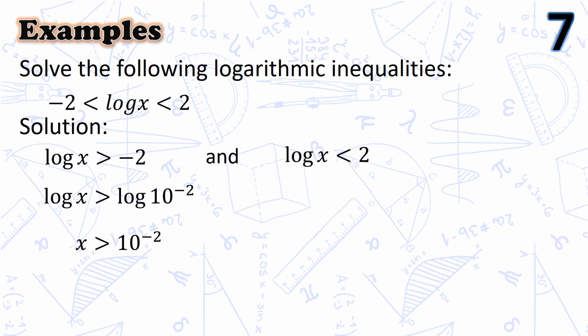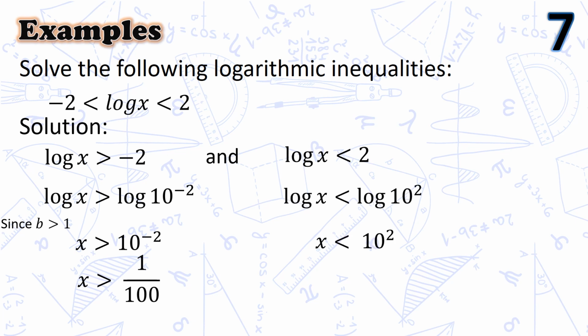Then, because the base is greater than 1, we can write this as x is greater than 10 raised to negative 2. And 10 raised to negative 2 is 1 over 100. Therefore, x is greater than 1 over 100.